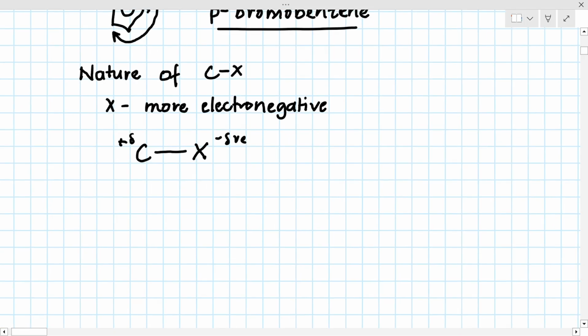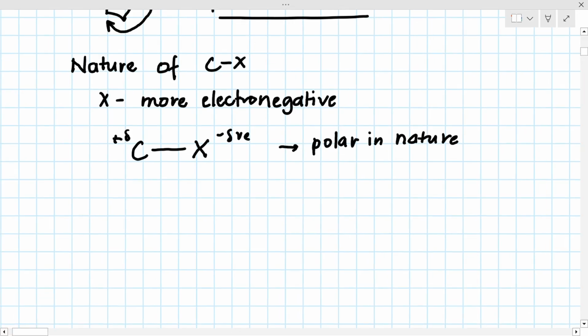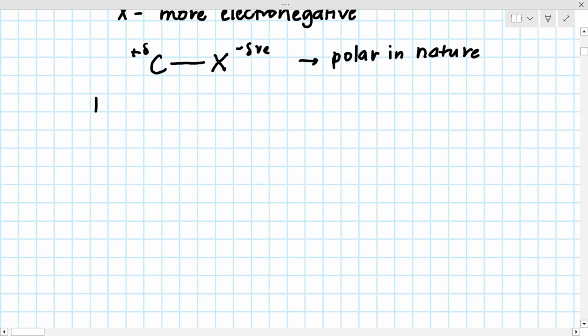So they have a polar bond. Why is it important to understand this? Because most of the chemical properties of haloalkanes or haloarenes depend on the nature of the bond.